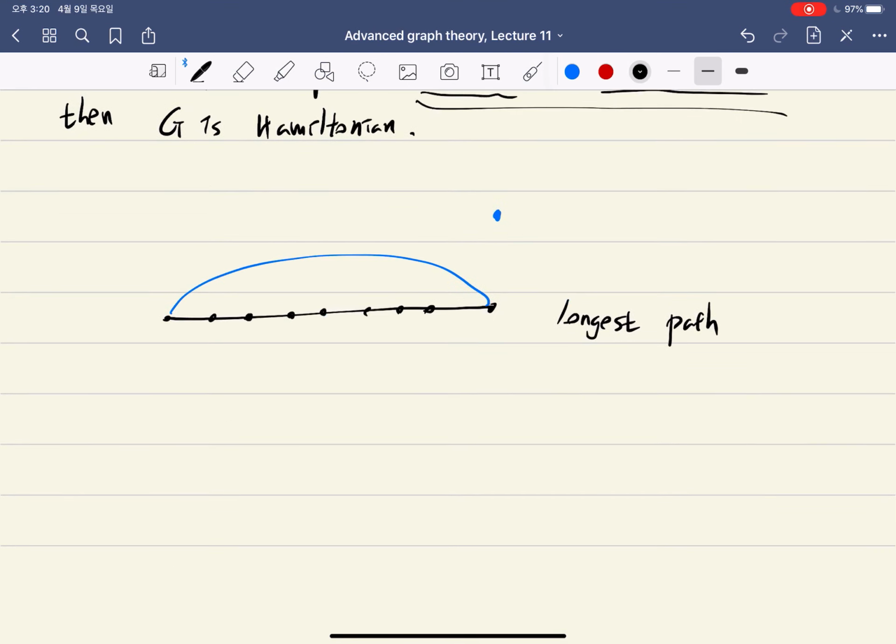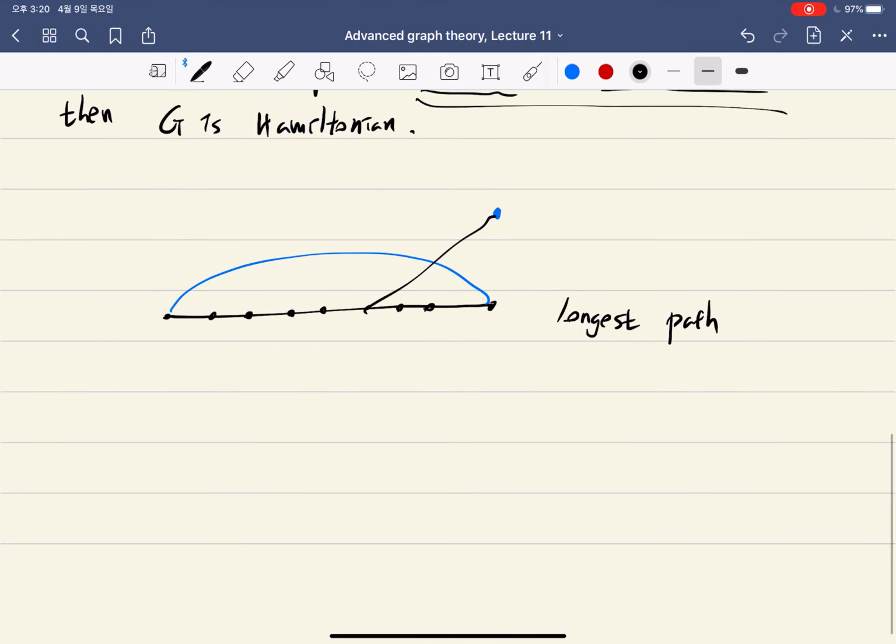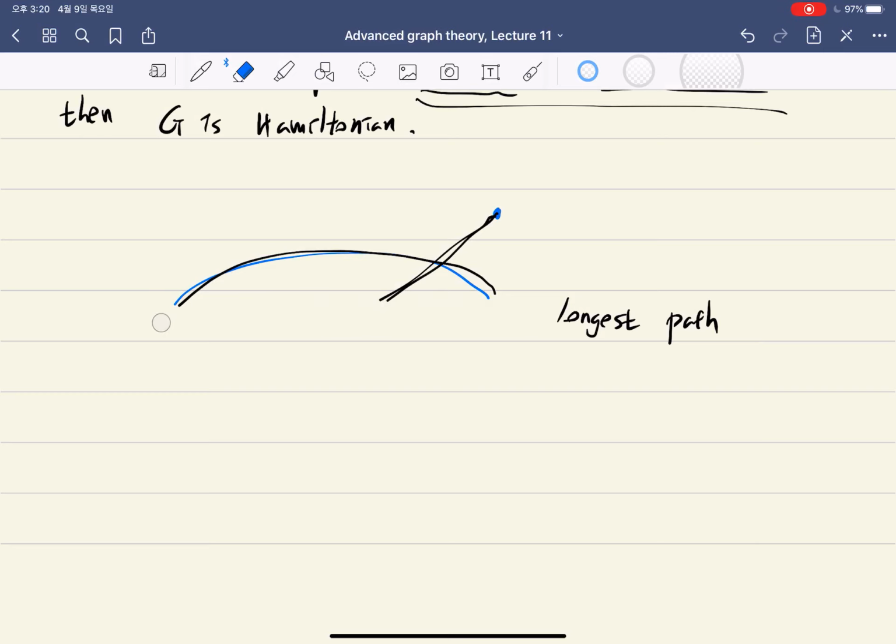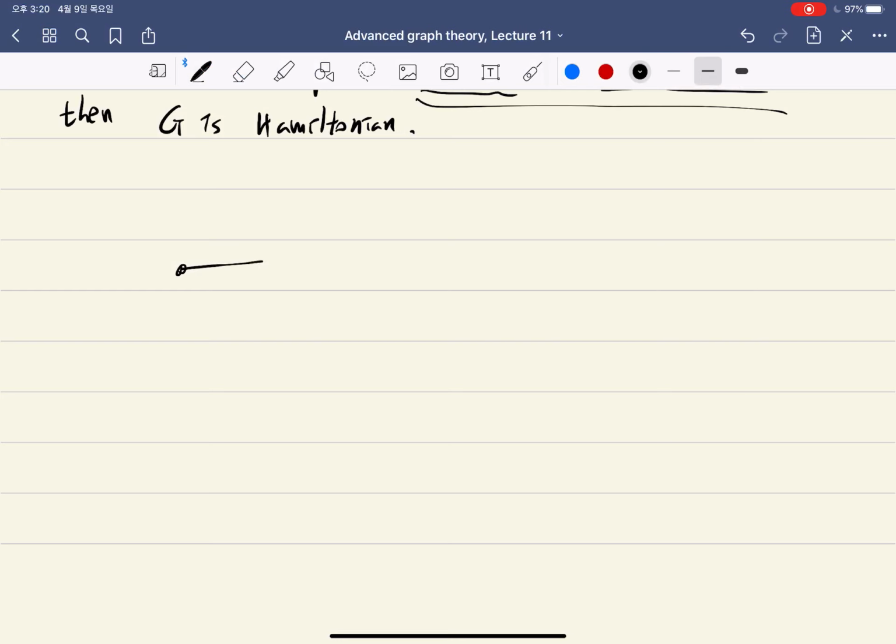So you can find an edge between the cycle and a vertex outside. Then that yields a longer path. So this ensures that there is no edge between the two endpoints of the longest path.